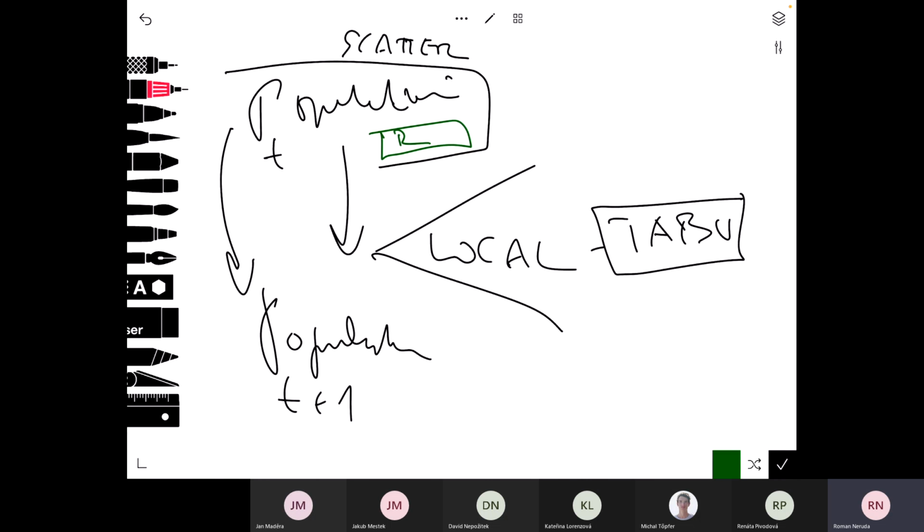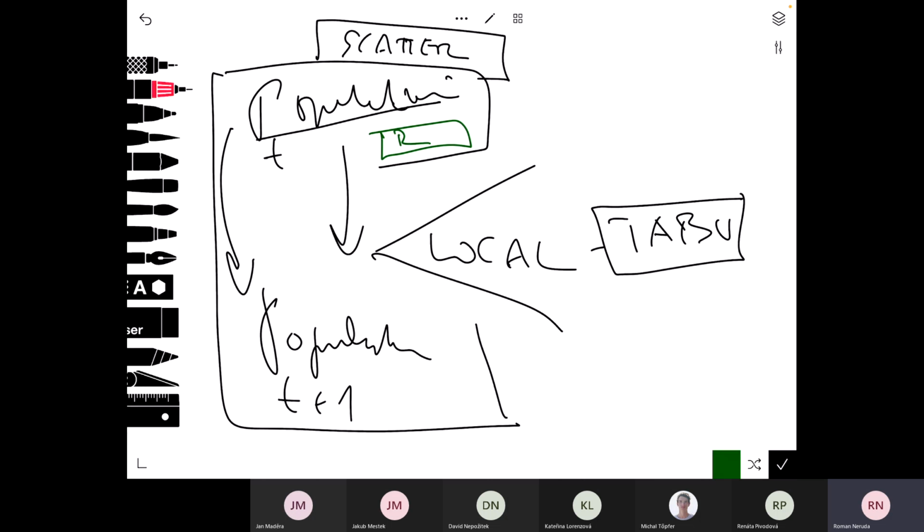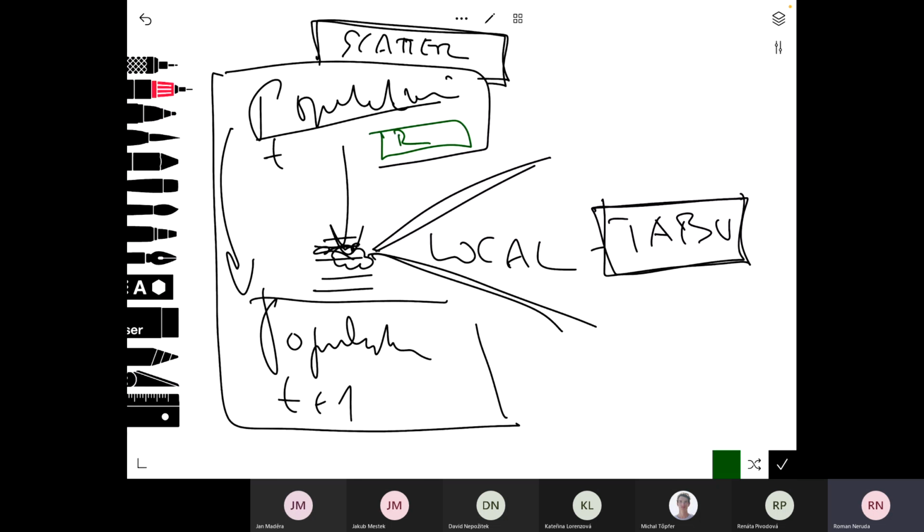So that's why sometimes they are considered to be a pair, because the scatter search is a convenient outer loop taking care of the population, but calling some local search algorithms such as Tabu or others in order to actually locally modify your individuals and then go to the next population.